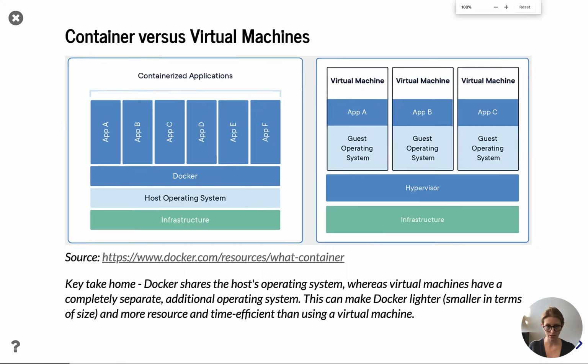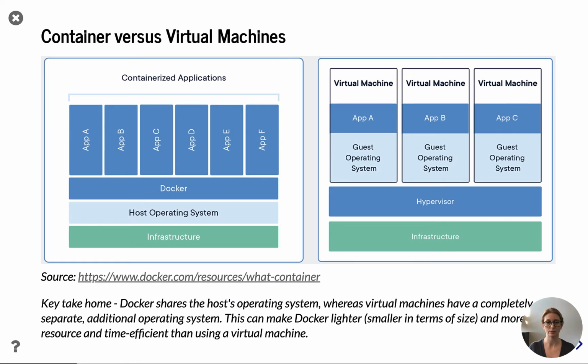So Docker is a piece of software for containers or containerization. And let's talk a little bit now about how that differs from a virtual machine. So maybe I should step back and just say, what is a virtual machine? Well, on top of your laptop, you can install virtual machine software, and that could run a whole other operating system on your laptop.